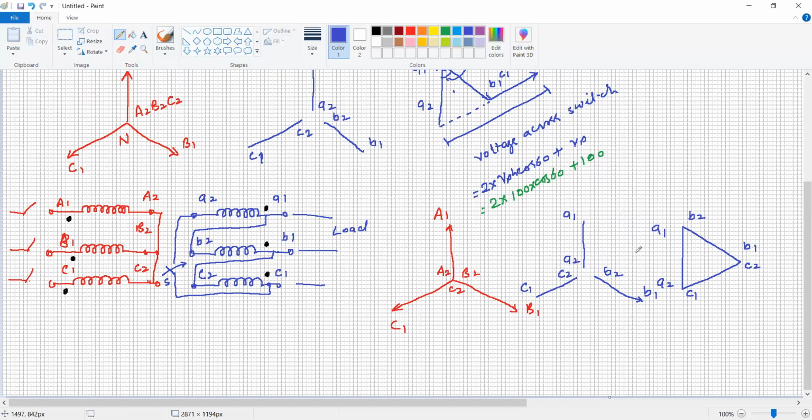A1, A2 are in the same phase. Now A1 is connected to B2. I am taking this entire vector as parallel and starting from here. So B2, B1 is in phase with B2, B1 here. Similarly, A1, A2 is in phase with A1, A2, and B2, C1 is in phase with this B2, C1.